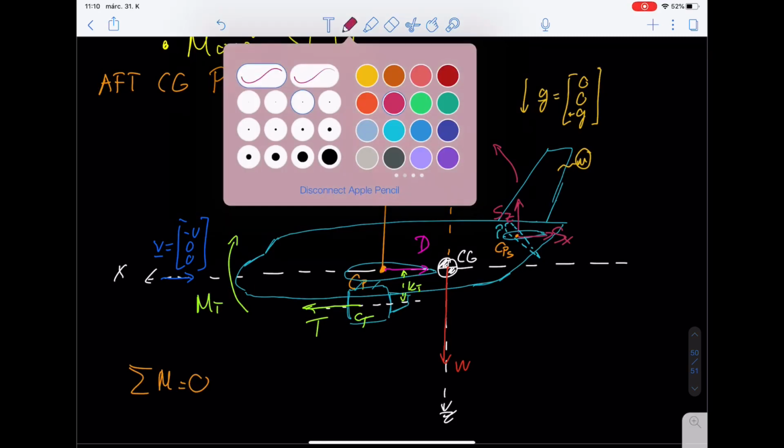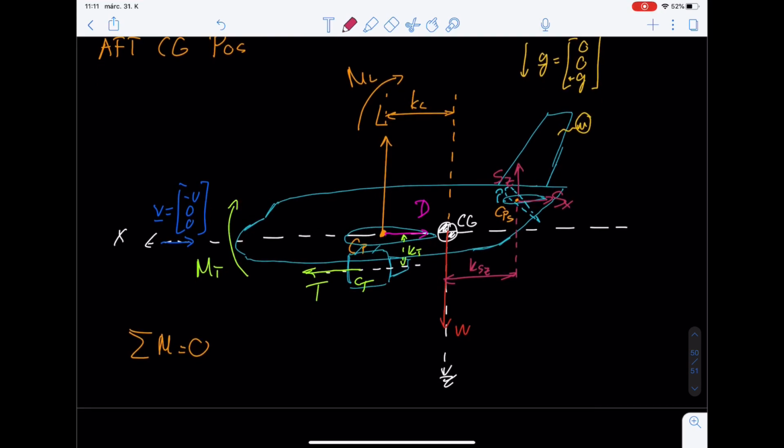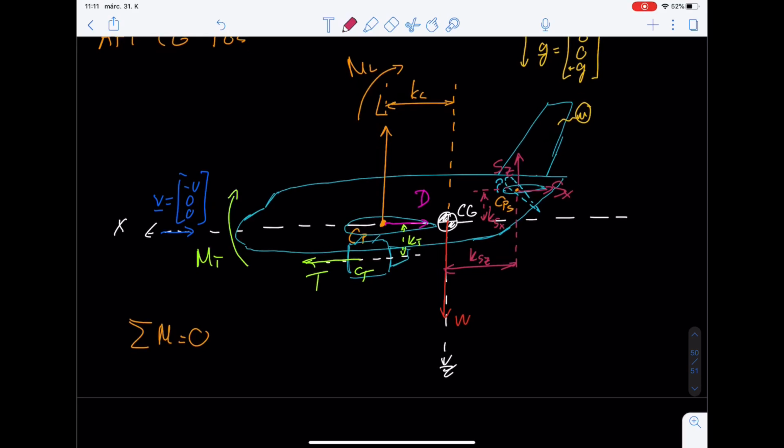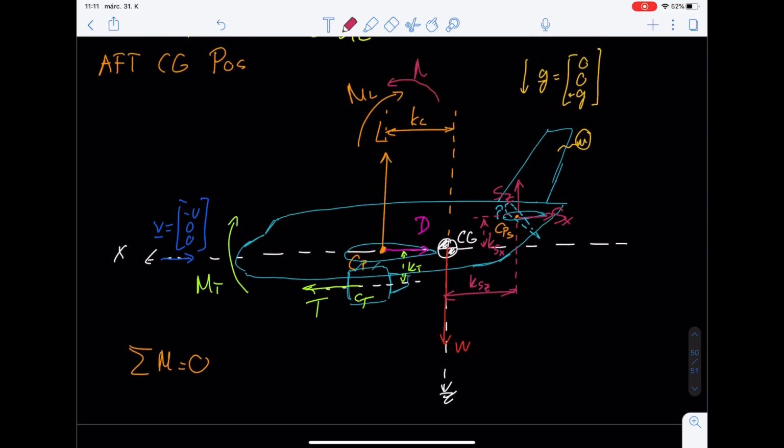And so therefore, the SZ force on this reduced arm, just remember in the previous case this arm was pretty large, and now it's much smaller. And also I have this SX arm. So I'm going to have a pitch down moment generated by the SZ, which is going to be equal to the KSZ times the SZ.